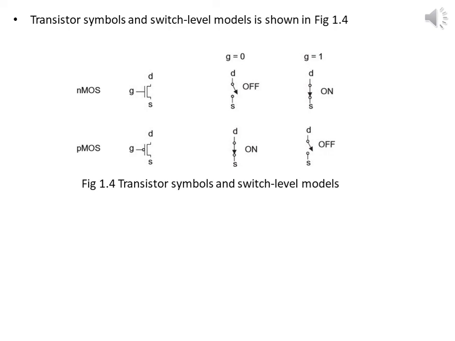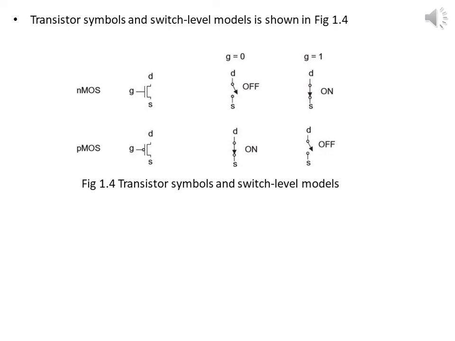So when G is equal to 1, that is the gate is high, then we are going to call it a closed circuit, or there will be the connection between the drain and the source. So that is going to be the on condition for NMOS.